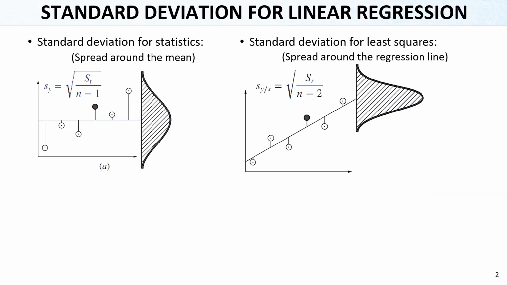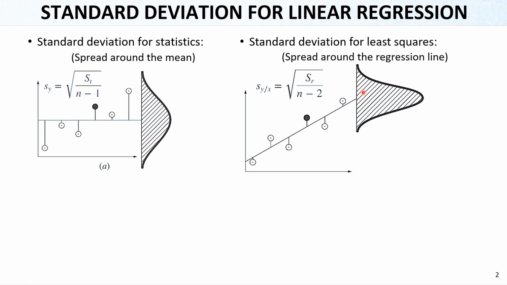If you remember, the standard deviation in the statistics was the spread around the mean. So we have a constant mean value, and the data was spreading around it, and the standard deviation was a measure of the spread around the mean. In the linear regression, the mean is not constant, but it's just the regression line.